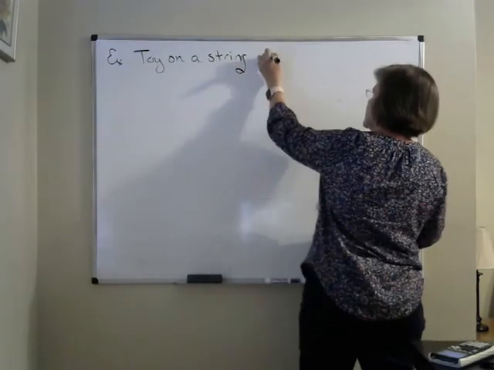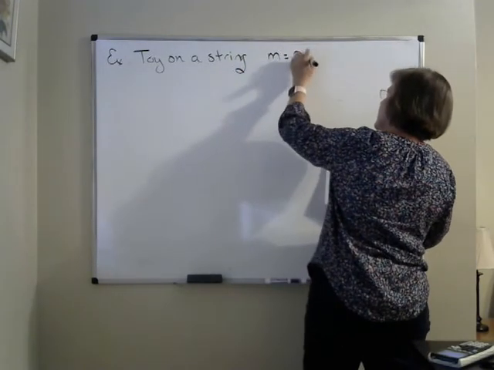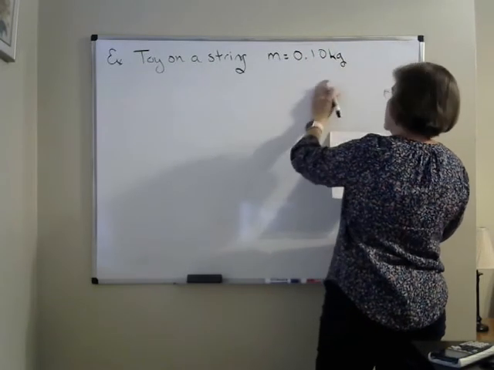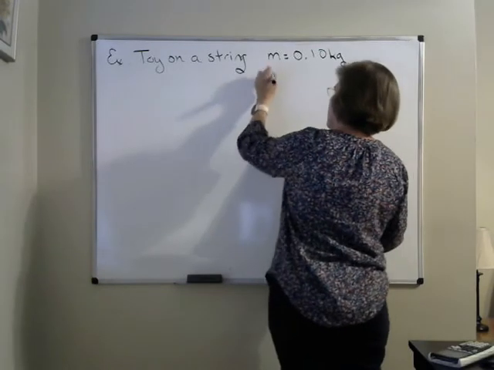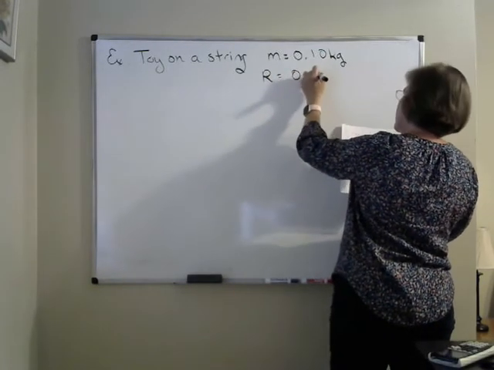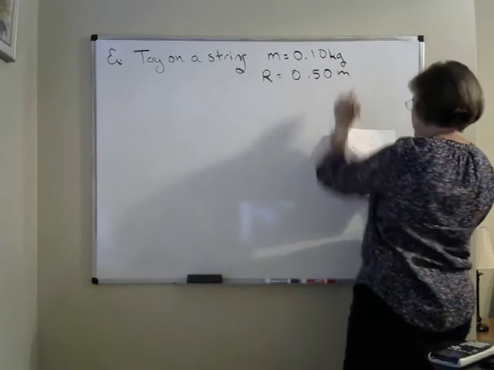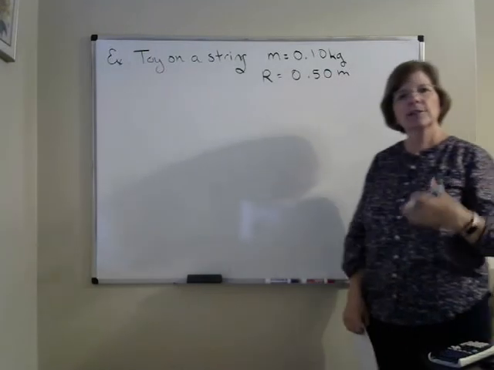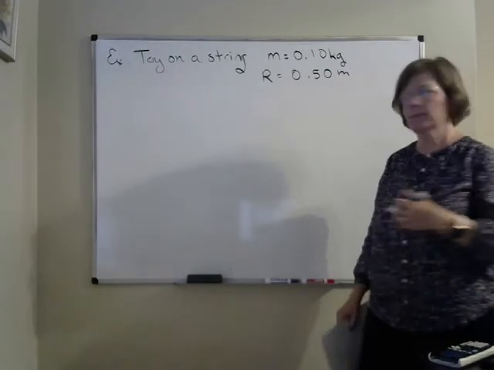This toy has a mass of 0.10 kilograms. It's on a string that has a length of 0.50 meters. It's a 50 centimeter string. We want to find the tension in the string at the top and at the bottom.